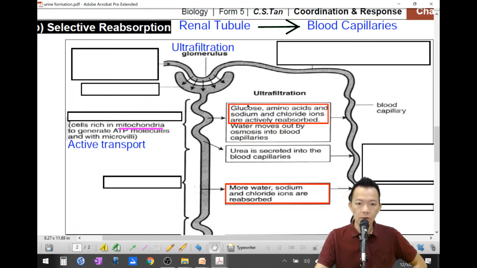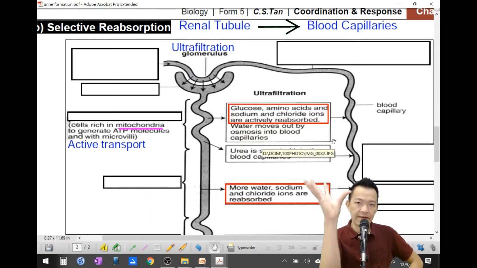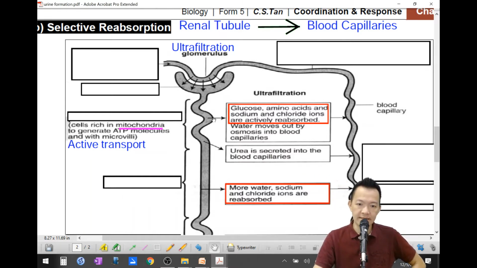Under the glomerulus, it must be the Bowman capsule that accepts the filtrate, and the filtrate finally will be sent to the renal tubules. So this is the Bowman capsule, to collect the filtrates.